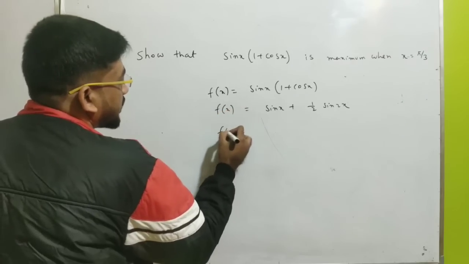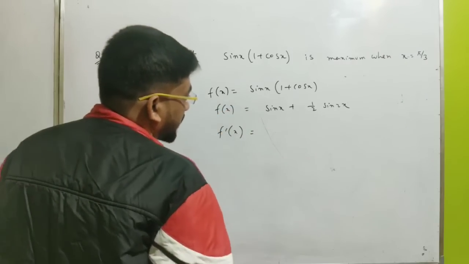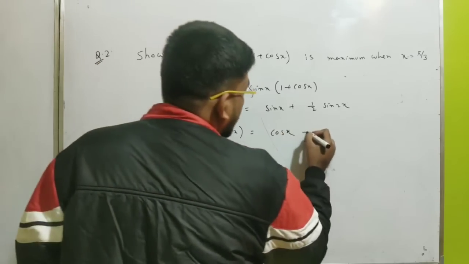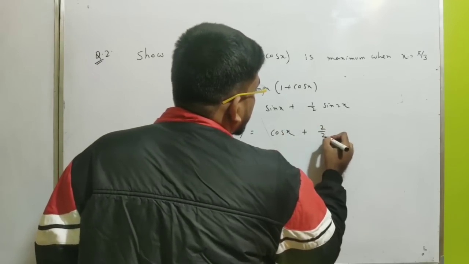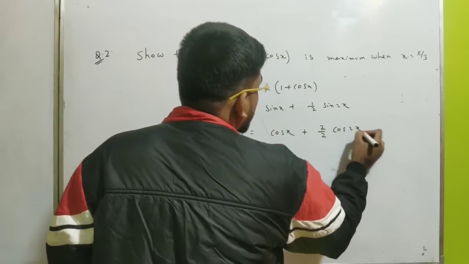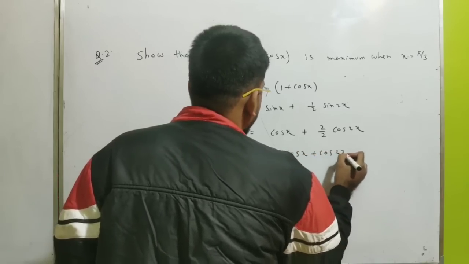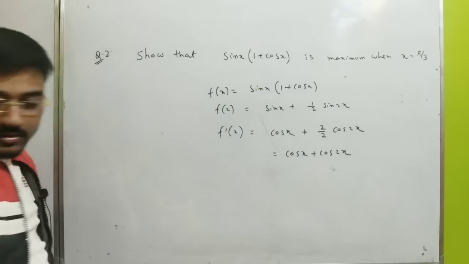Now what is f prime x? f prime x is cos x plus 2 by 2 into cos 2x, so that will be cos x plus cos 2x.